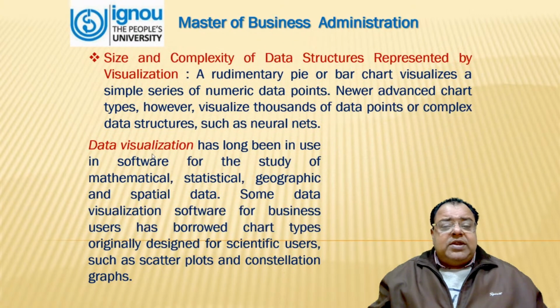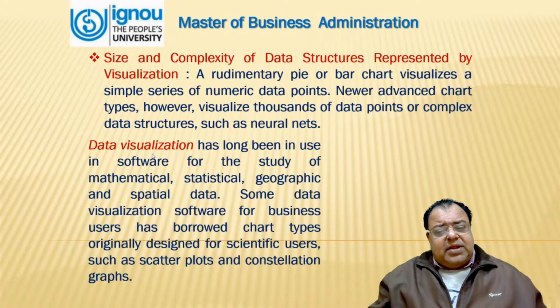Size and complexity of data structures represented by visualization. A rudimentary pie or bar chart visualizes a simple series of numeric data points, unlike advanced chart types, which can visualize thousands of data points or complex data structures such as neural nets.